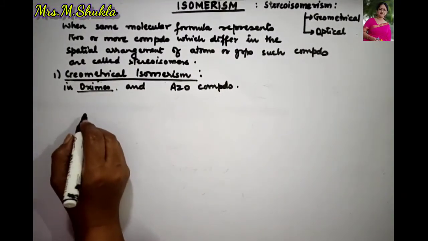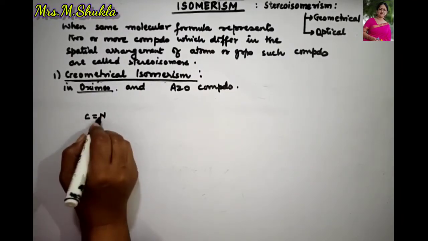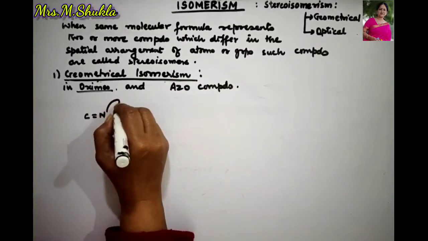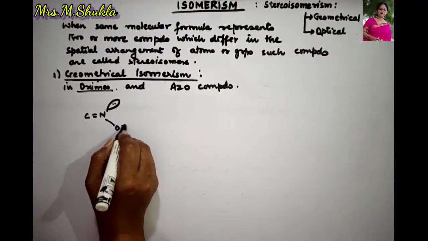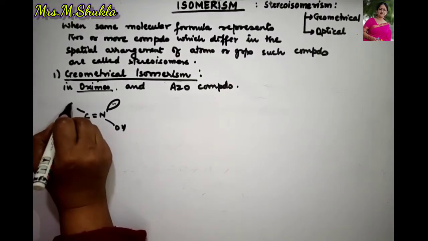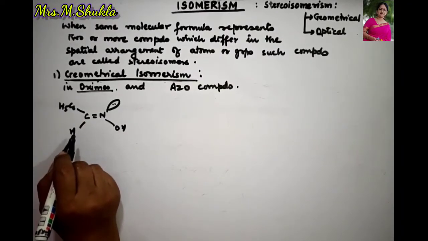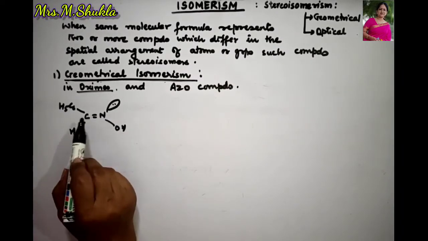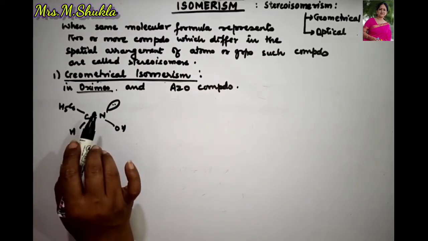So let's see over here first, carbon double bond N. This is your oxime, okay, where here you have the lone pair. This is your OH group, this is your H, and this is your C6H5. So due to restricted rotation around carbon and nitrogen, oximes show geometrical isomerism, right?